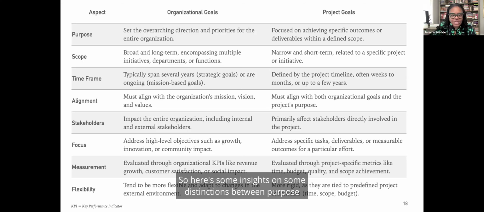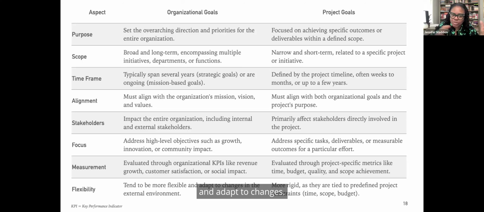So here are some insights on distinctions between purpose, scope, time frame, alignment, stakeholders, measurement, and flexibility. Your organizational goals can be more flexible and adapt to changes, but your project goals might be very rigid. It could be what a funder has purchased from the grant that you received, what you committed to delivering, within a certain specific time frame. So you need to be mindful.